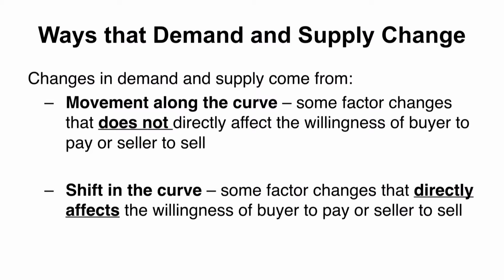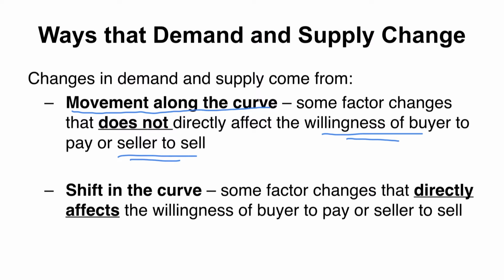So if you recall from the last segments that we talked about in the supply and demand model, what we saw is that there's two changes that can occur to the demand curve or to the supply curve. We can have either a movement along the curve where we observe that some factor changes which does not directly affect the willingness to buy for the demand curve or the willingness to sell for the supply curve.